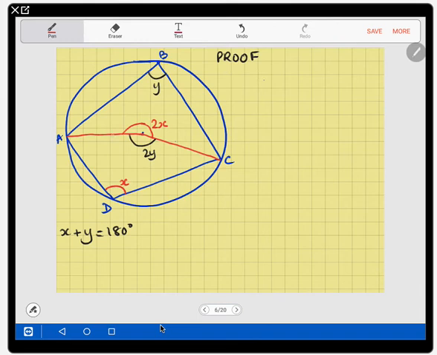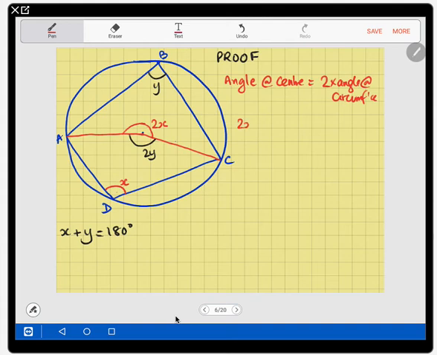It looks a bit funny on my drawing because this is not a perfect circle. From our previous lesson, angle at center is equal to 2 times angle at circumference. If that is x, that will be 2x. If this is y, this one will be 2y.